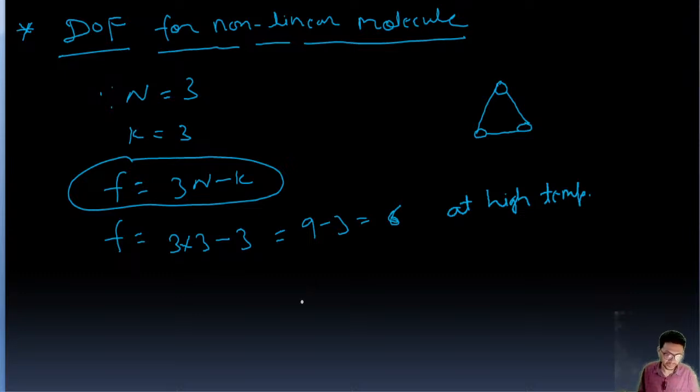Now monoatomic. This is the formula you need to know. We can also use this formula, F equal to 3n minus k, for monoatomic also.